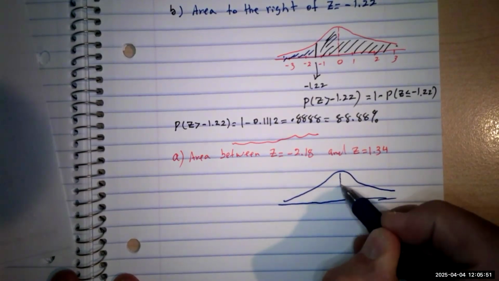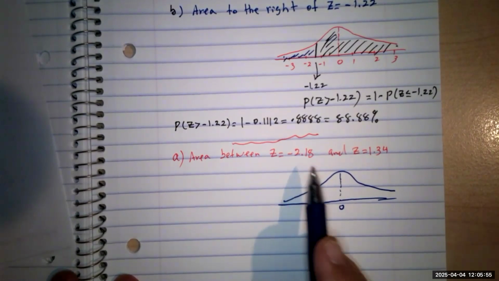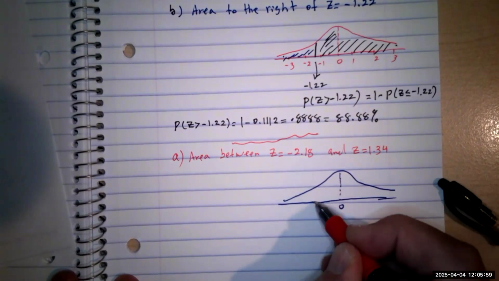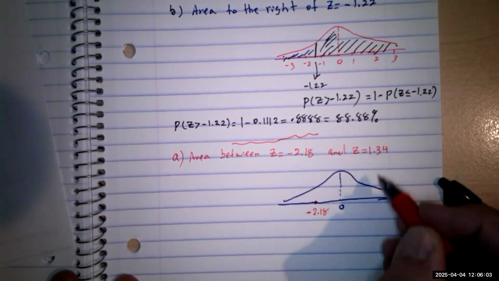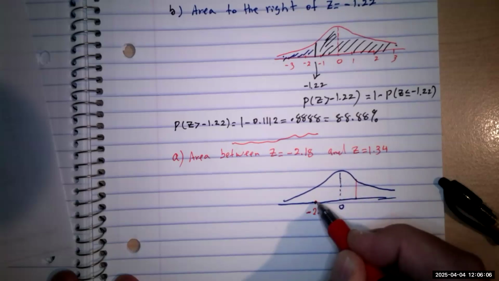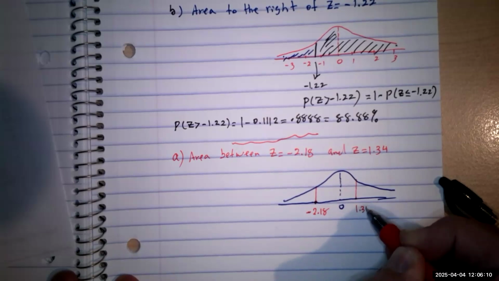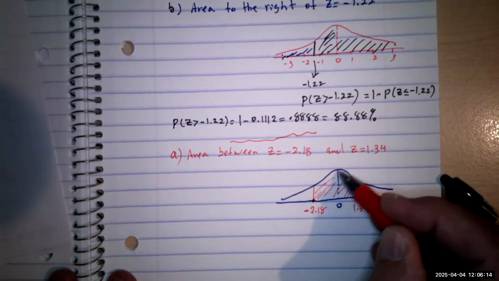This is your z curve. Identify the 0. The number is negative 2.18. So suppose this is something like negative 2.18, and the positive, this is 1.34. You don't have to be precise, okay? So the area in question is this one now.